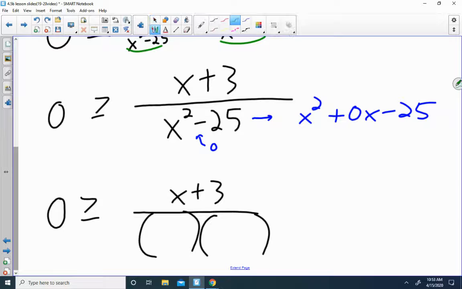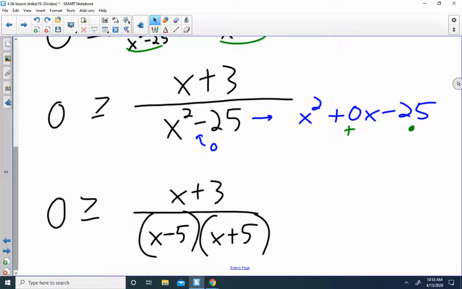So when you're factoring, you're finding two numbers that multiply to -25, but will cancel out when they add, which of course only gives you one possibility, +5 and -5. Or in other words, x minus 5, x plus 5. Because -5 and +5 multiply and then add to 0. There you go. That's how you factor that one.